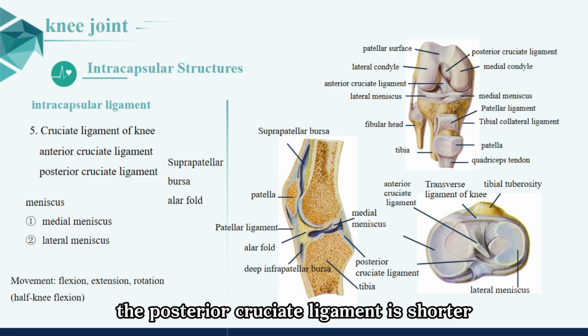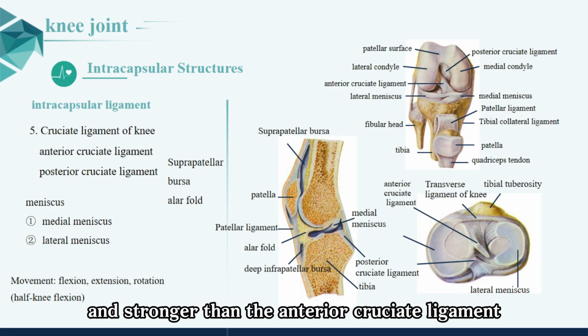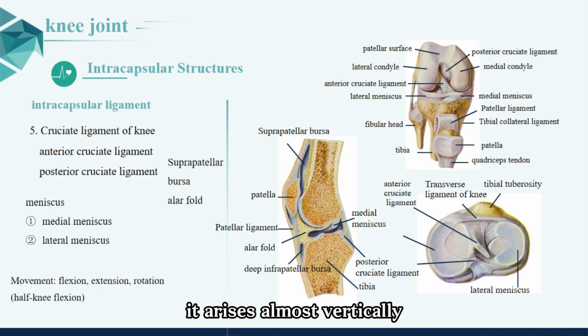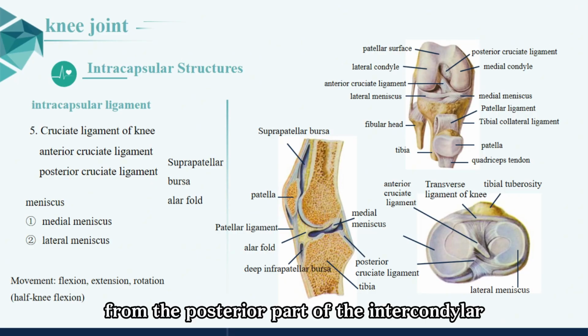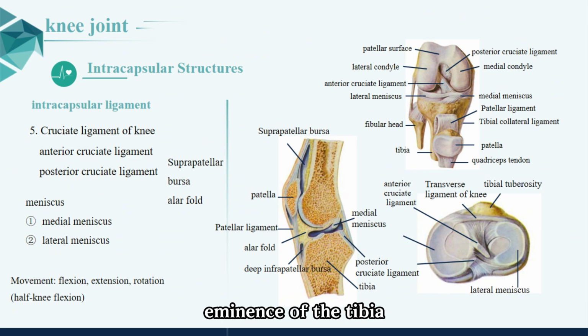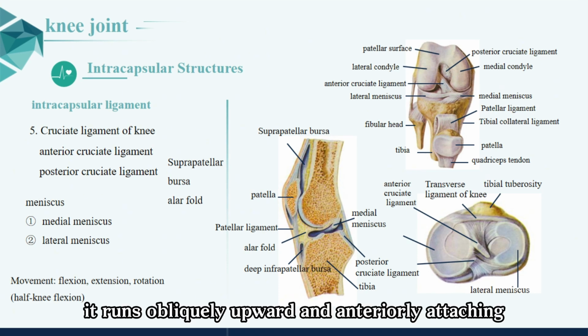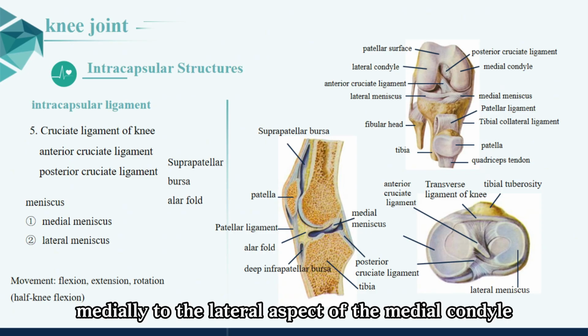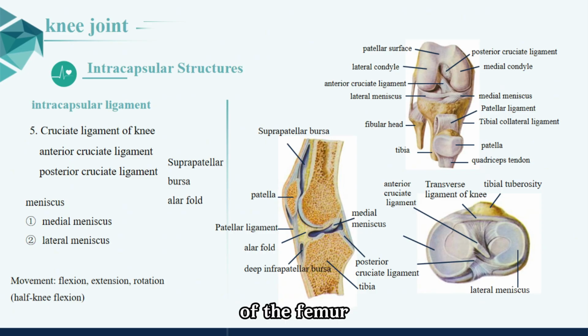The posterior cruciate ligament is shorter and stronger than the anterior cruciate ligament. It arises almost vertically from the posterior part of the intercondylar eminence of the tibia. It runs obliquely upward and anteriorly, attaching medially to the lateral aspect of the medial condyle of the femur.